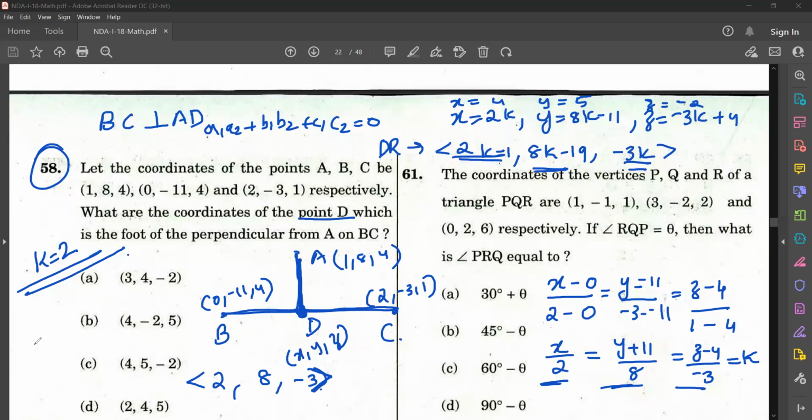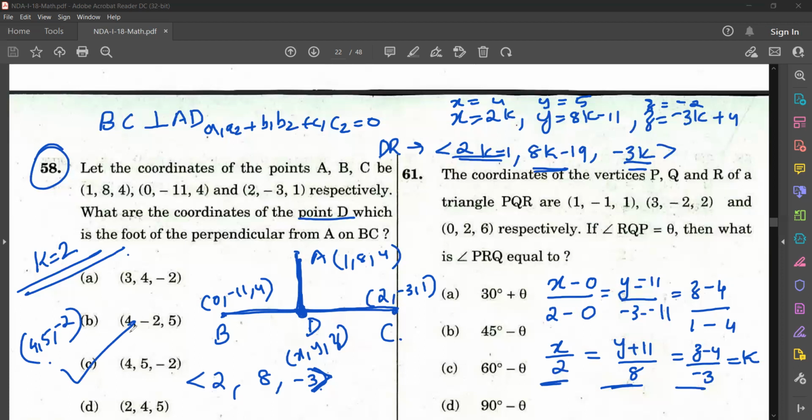So the point is (4, 5, -2). Option C is the correct answer. A little bit lengthy, but understand the concept, an easy concept.